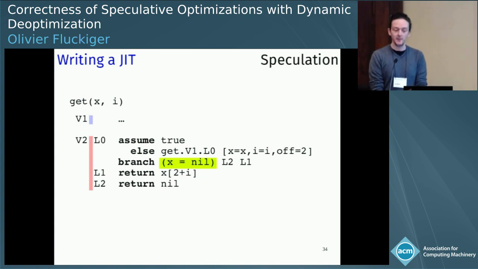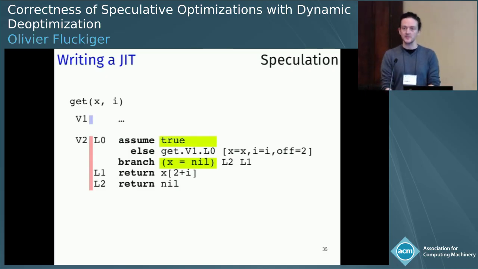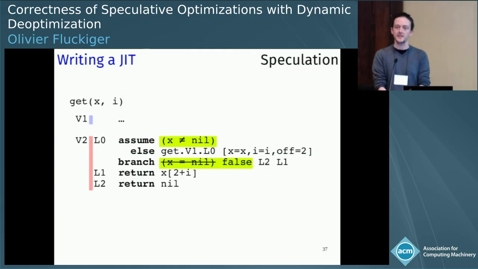So I want to make this assumption. What can I do? I go back to the last assume instruction and insert this assumption as a guard, and now I can use it for constant evaluating that expression under that assumption. I can figure out that under this assumption, the branch condition is false. I can remove the branch.